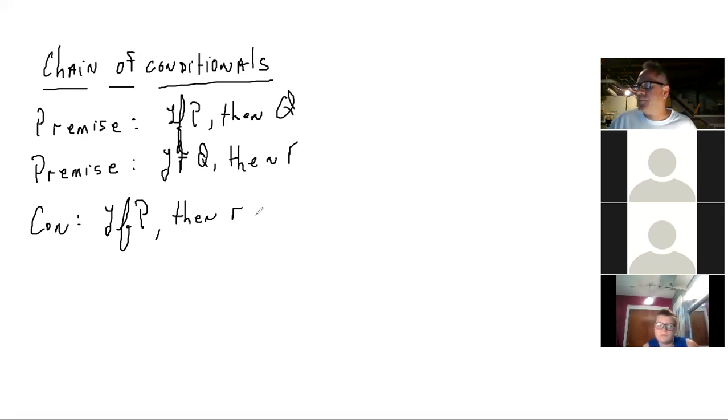So number 3 deals with just the idea of a chain of conditionals. The very first part of the problem just has you spell out what a chain of conditionals is. Again, it is a chain of 3 or more conditionals, and it is a deductive argument. I should have also said that.